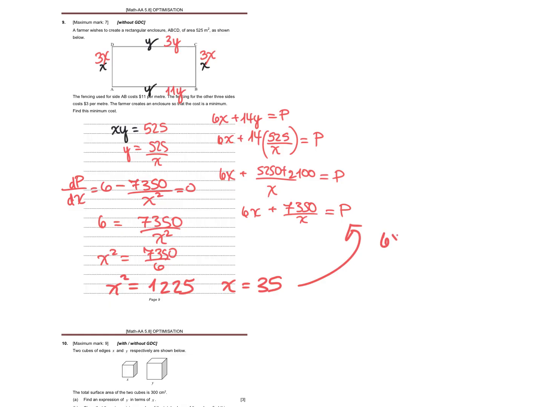So 6 times 35 plus 7,350 over 35. I'm using a calculator. So 6 times 35 plus 7,350 divided by 35 ends up being 420. That ends up being the minimum cost.